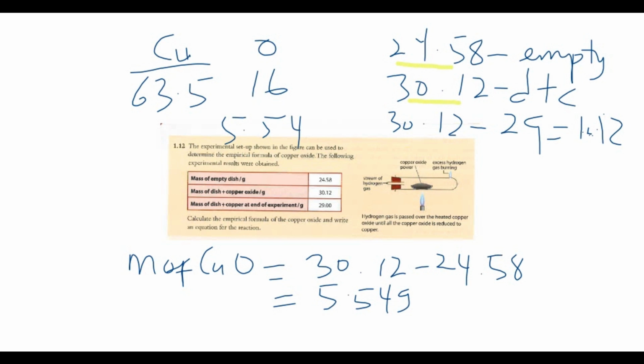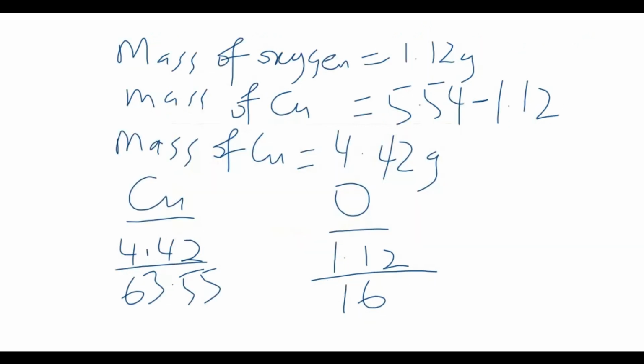So 30.12 minus 24.58, and we come up with 5.54 grams. So we have the mass of copper oxide. Now, based on that mass, how do we get the other components? So let's go to the next page.